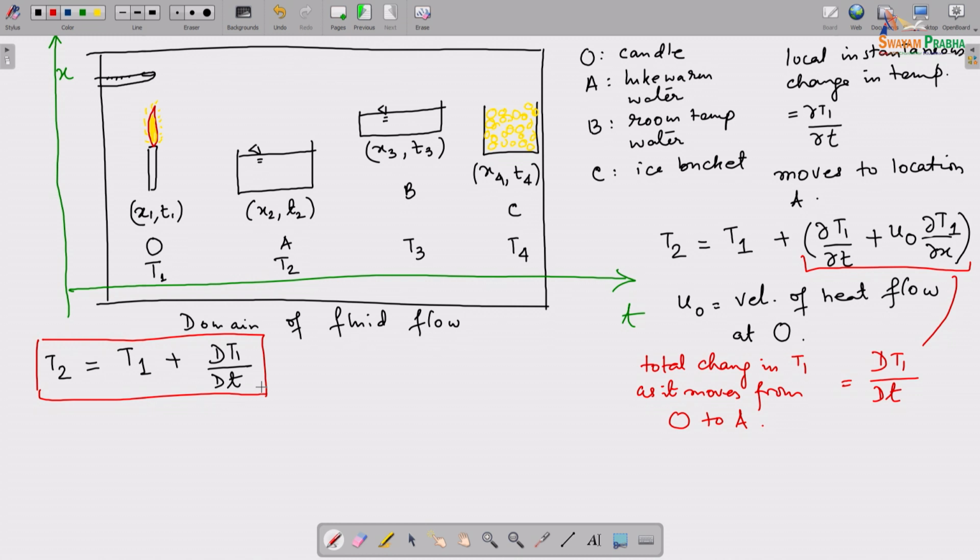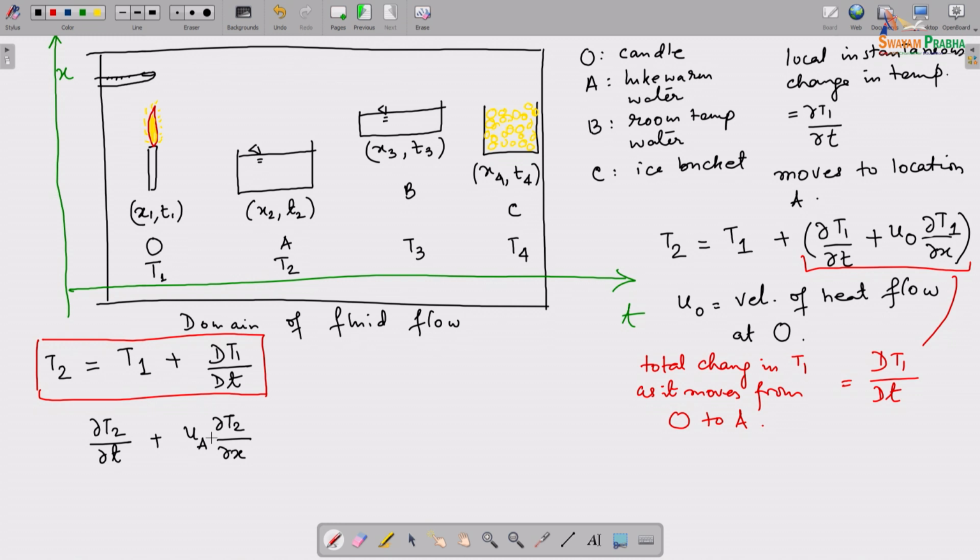Next, again I plunge my finger into the tank of lukewarm water, so that there is an instantaneous change in my temperature, which is delta T2 delta T, and then I move to location B. What is the change there? It is delta T2 delta X, and let us say the velocity of heat flow is UA.